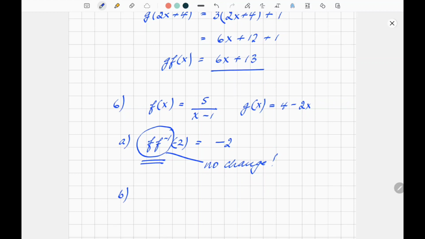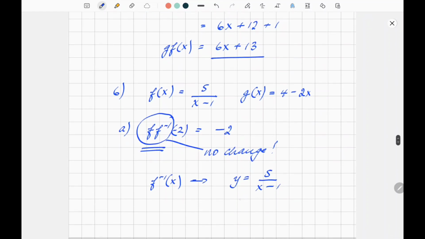Shall we? Do you want to work it out? Let's work it out. Let's do the inverse of f first. Let's find the function. So that is going to be found by y equals 5 over x minus 1.